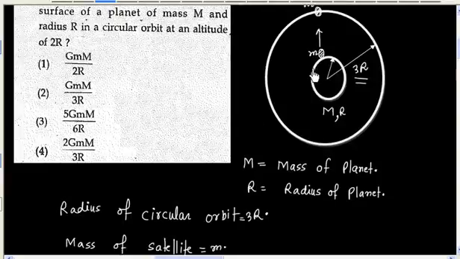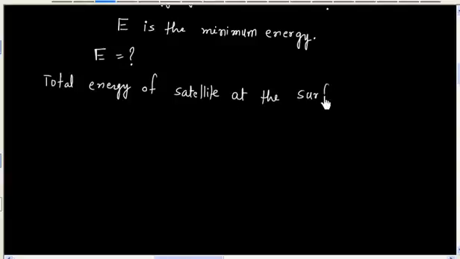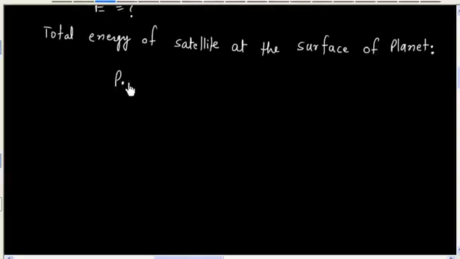Now we will apply energy conservation. First we will write total energy at the surface of planet. So let us write total energy of satellite at the surface of planet. So we will have two kinds of energy, potential energy and kinetic energy.